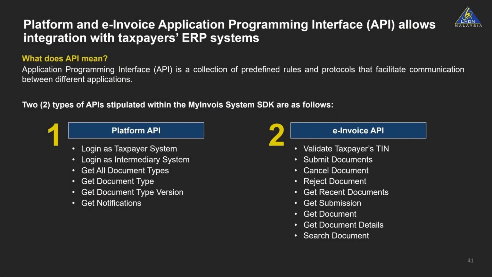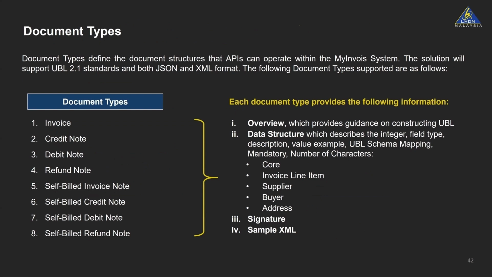So document types yang ada dalam SDK ini merujuk kepada JSON XML format. So kita ada 8 document type iaitu invoice, credit note, debit note, refund note, self-bill invoice, self-bill credit note, self-bill debit note, self-bill refund note.